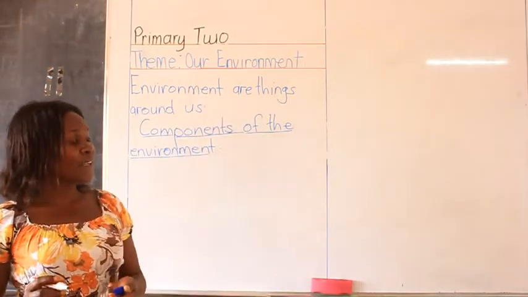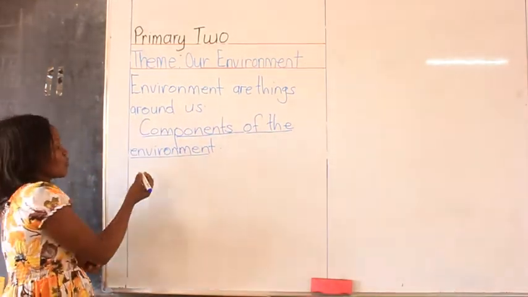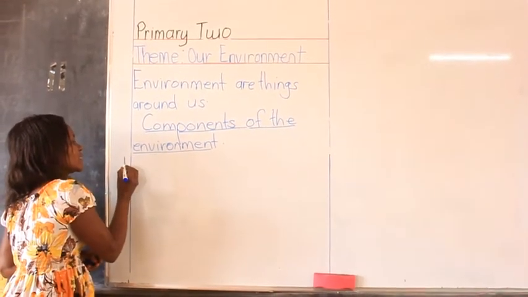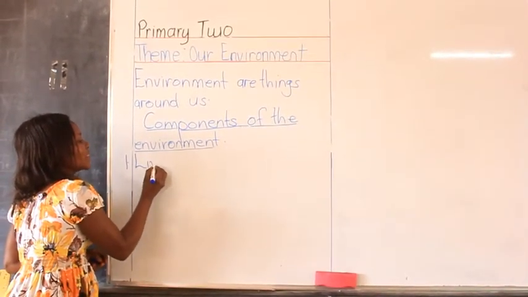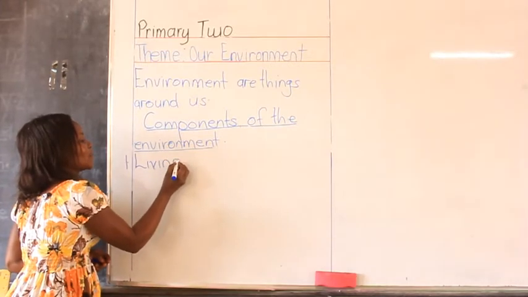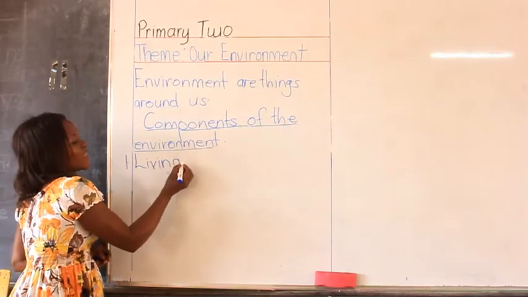These things around us are divided into 2. One is called living things.